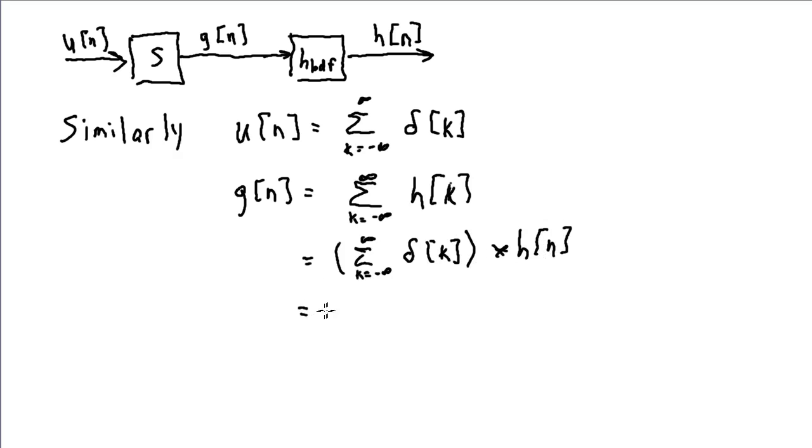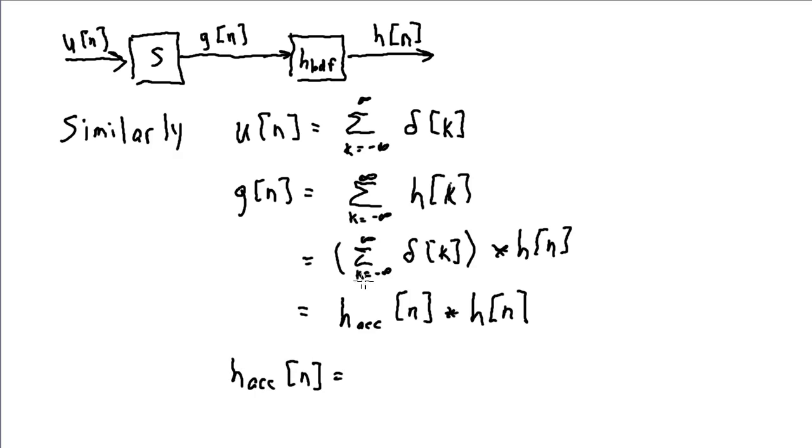And so then I can define this term in parentheses as the impulse response of a new system that I'll call an accumulator. So I can obtain the step response by convolving the impulse response with this accumulator system. The impulse response of this accumulator system is, again, just this term in parentheses, the sum of delta k.